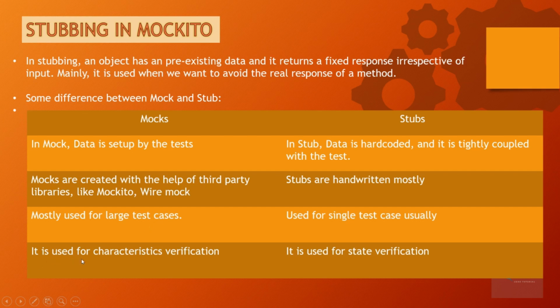Mock is used for behavior verification, whereas stub is used for state verification. We will understand all these things more when we go through the code part. For now, let us understand more about stubbing.